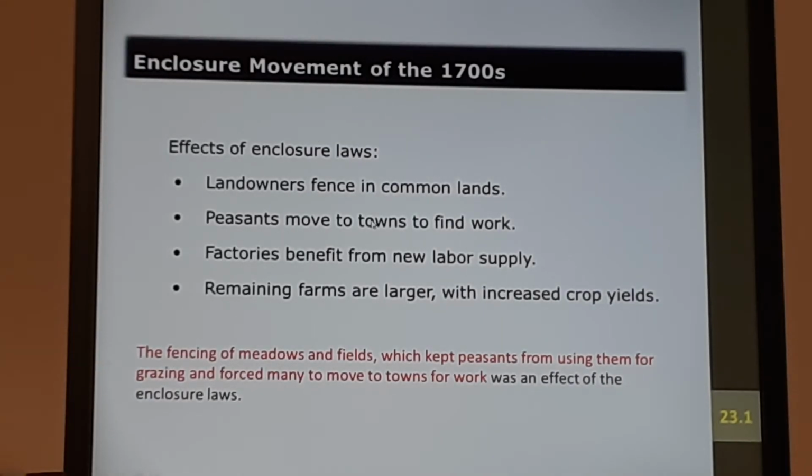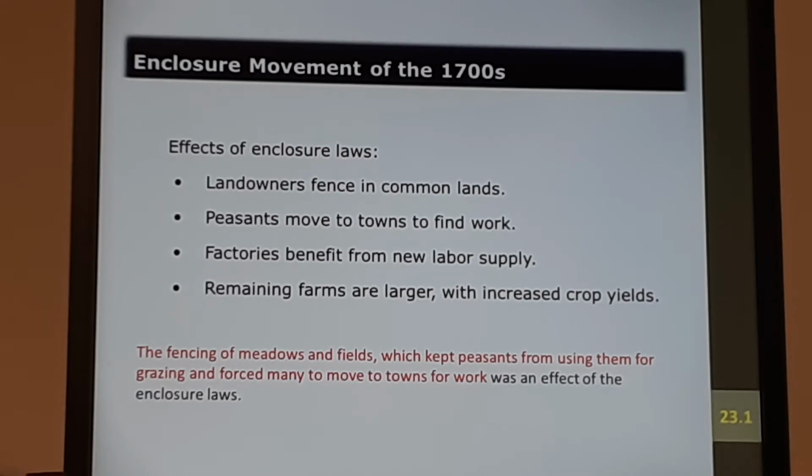Here's a little bit more on the enclosure movement of the 1700s. Here are some of the effects. Landowners fence in common lands. Peasants move to towns to find work. Factories benefit from the new labor supply that you find in the cities.